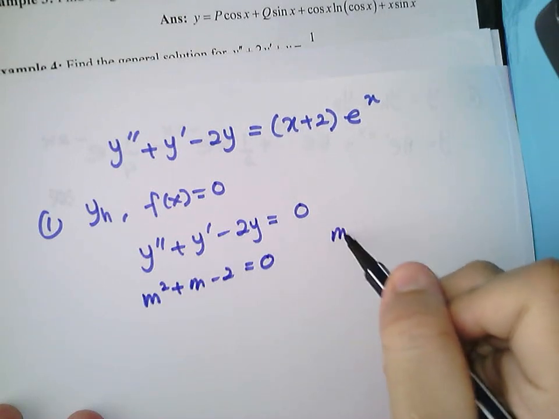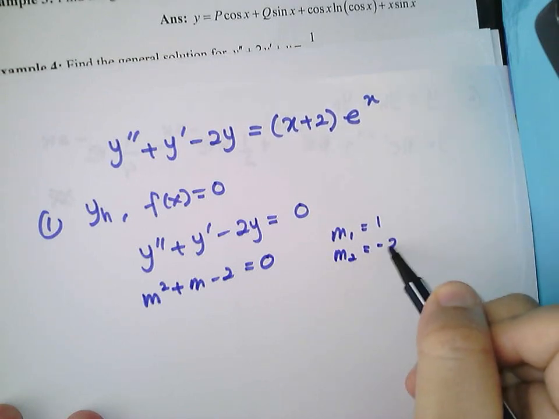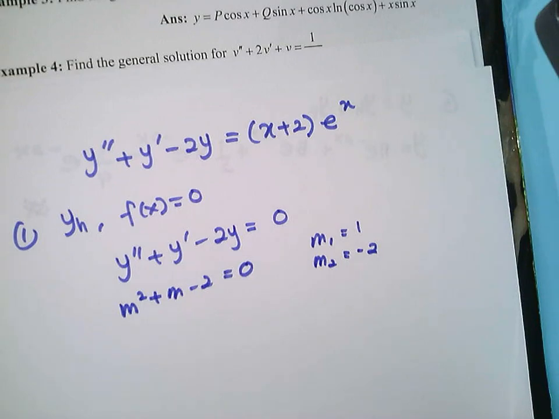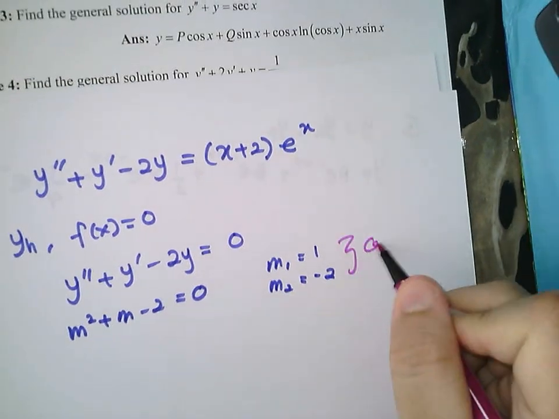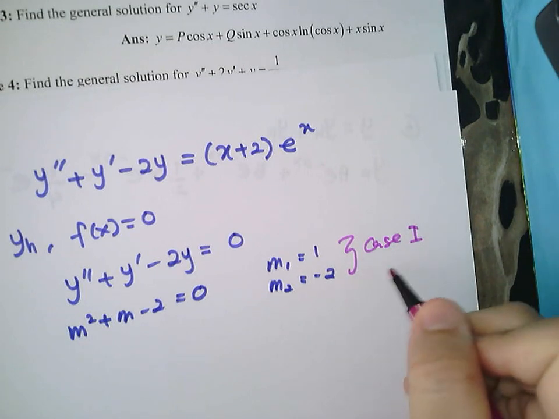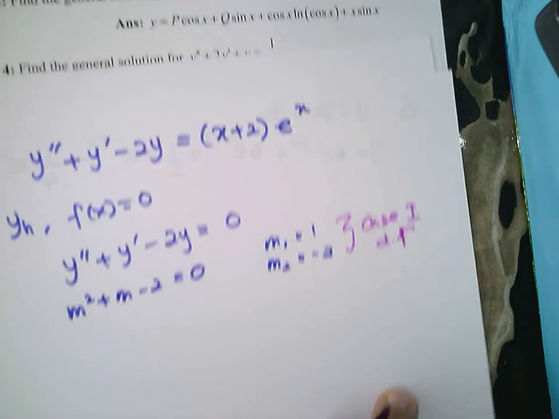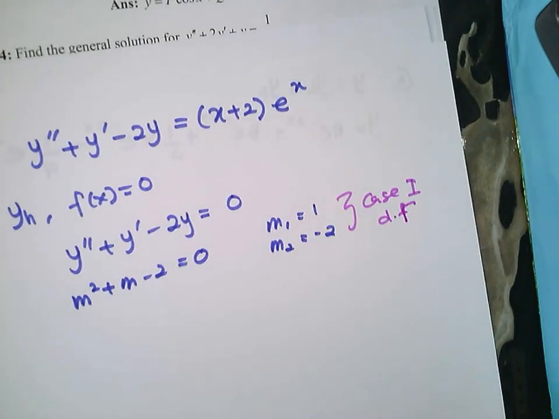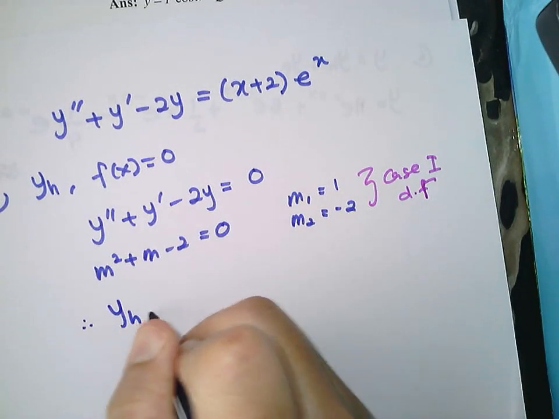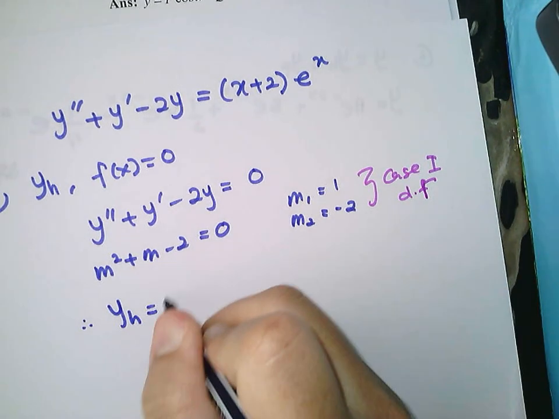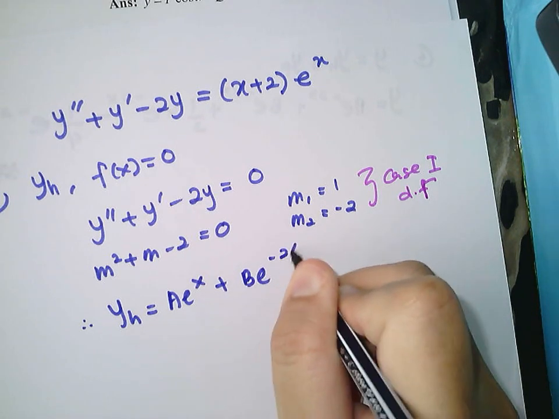Therefore your m1 equals 1, your m2 equals negative 2. Again this is case 1, because you have different roots. So your general solution for yH is given by Ae^x plus Be^(-2x).